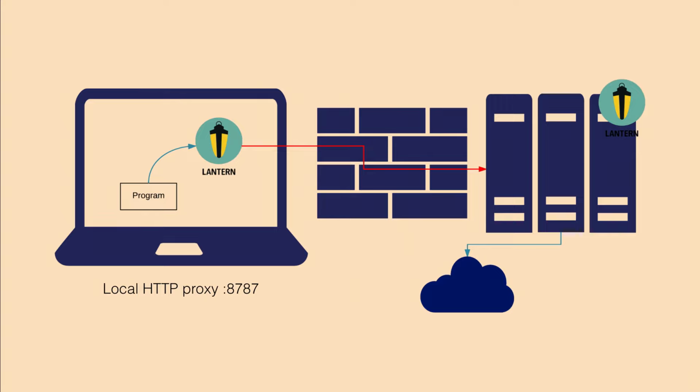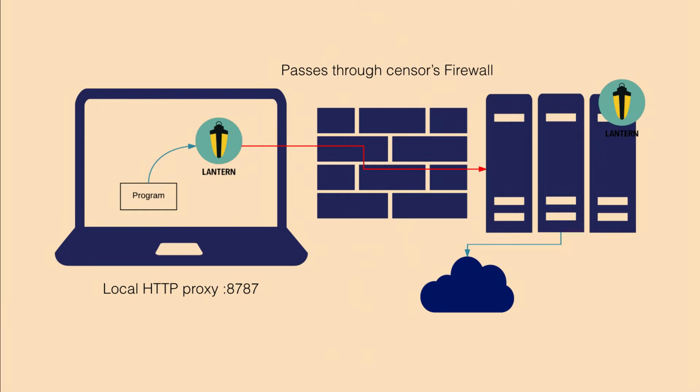The Lantern client goes through your usual connection to the internet, but it implements some special circumvention techniques that allow Lantern to pass through the firewall by disguising a bit the traffic you are generating.